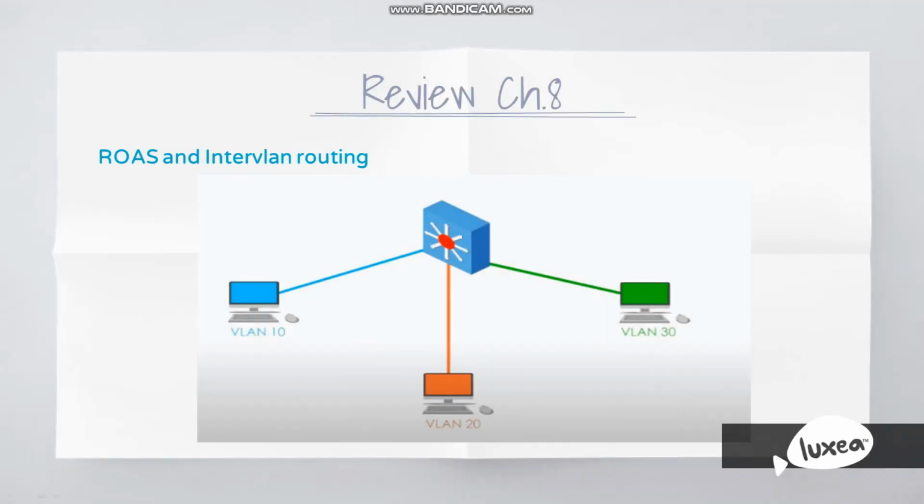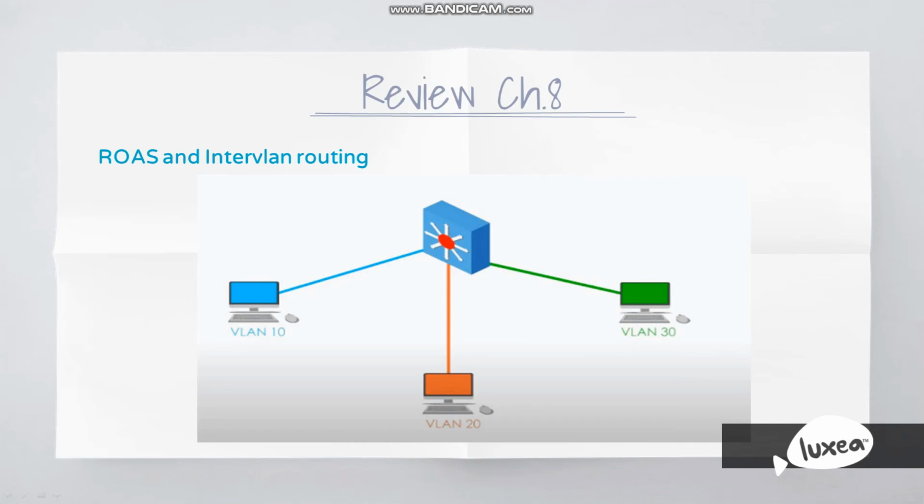And I would like to talk about another inter-VLAN method with a multilayer switch. When we have a layer 3 switch, a multilayer switch like this, it supports SVIs, which means switch virtual interfaces. It is a logical gateway and there's a one-to-one mapping between VLAN and SVI.